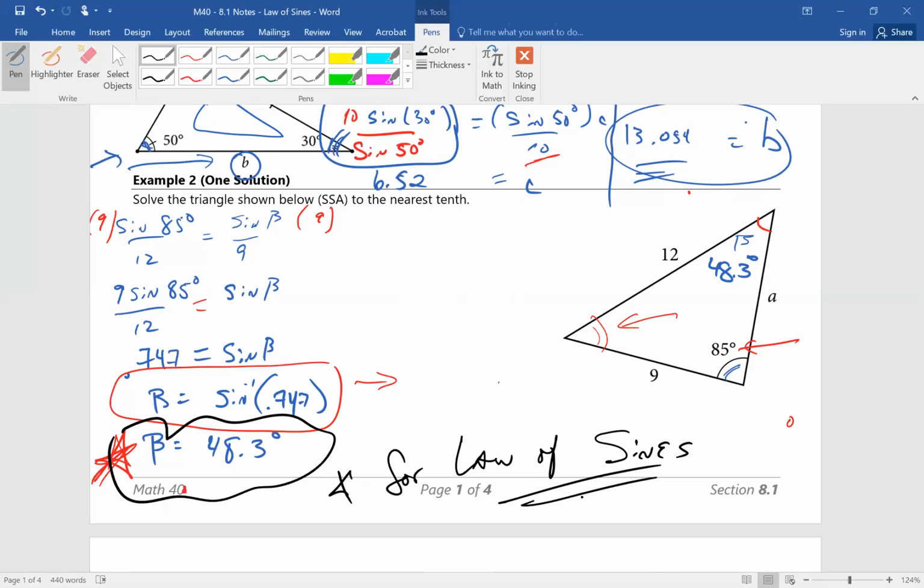So the only other thing to do here, excuse me, is to find that angle. And if this is 85, 180 minus 85 minus 48.3, excuse me, should equal 46.7. You can check my math later.